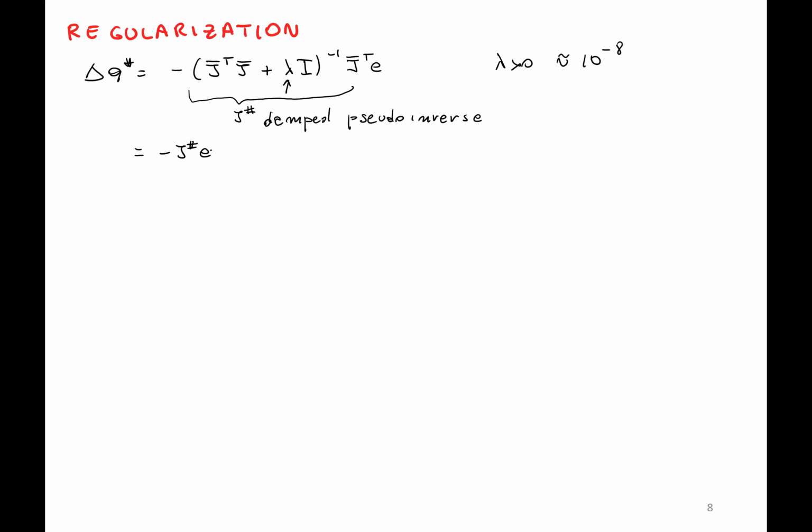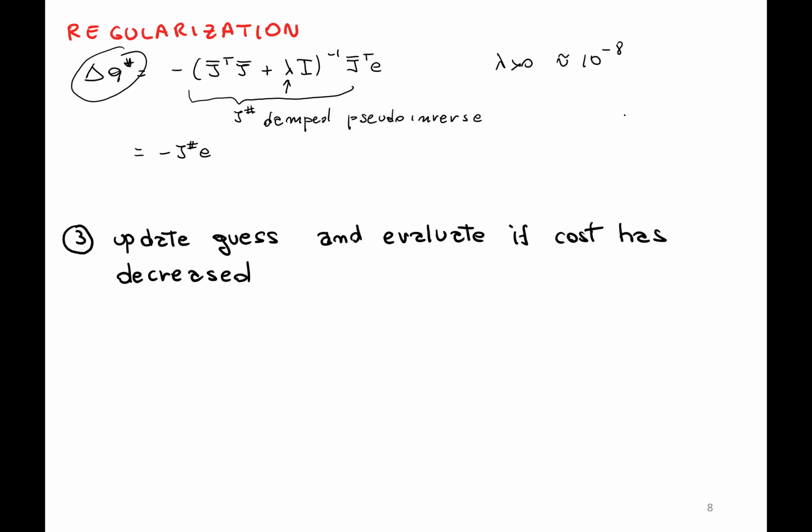And then once we've computed the solution of this linear approximation, we want to update the guess. So we add to the previous guess this delta Q, and we find a new guess. And we compute again the error function.